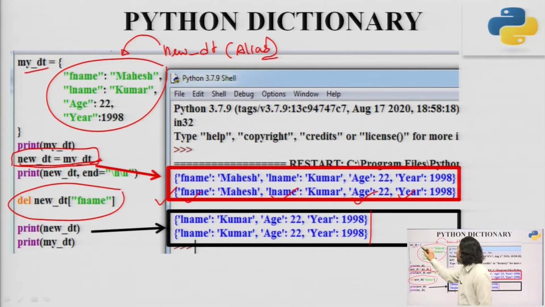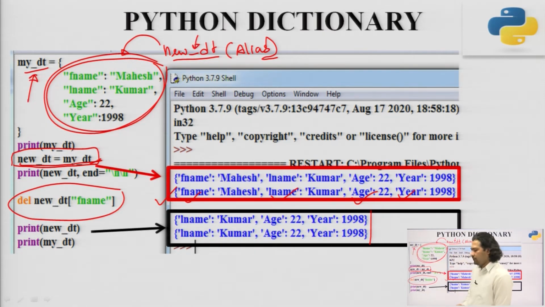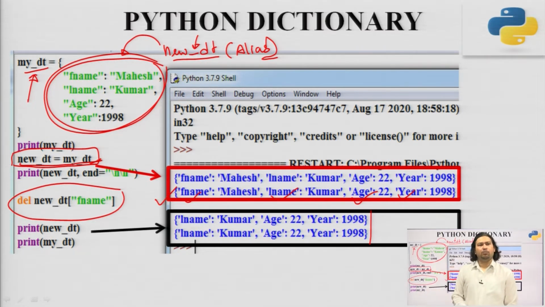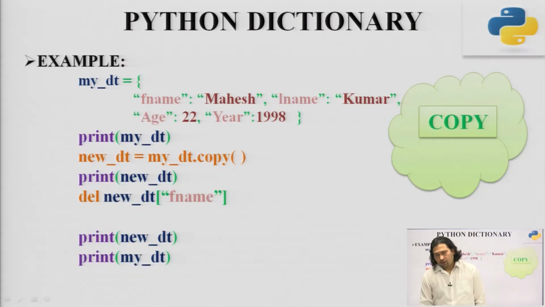This myDT and new DT have a single data set. So, whatever operation we perform on new DT will be reflected on myDT. So, ultimately what we are doing is just creating alias names for the same data set. So, how are we going to copy a data set? Let us see.